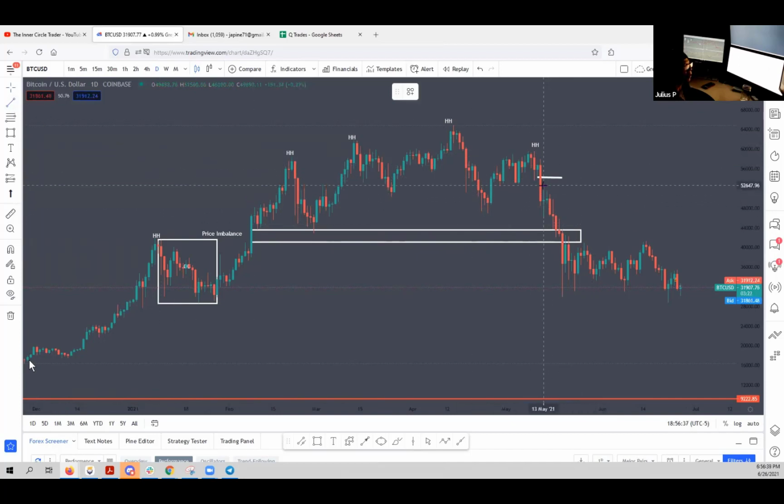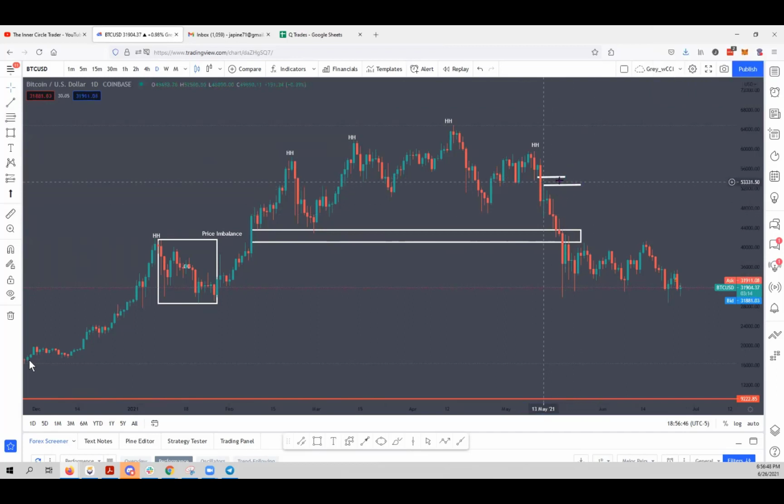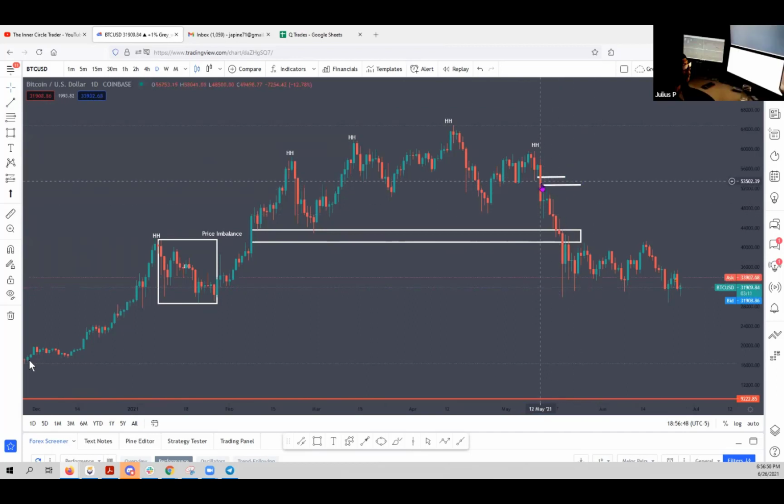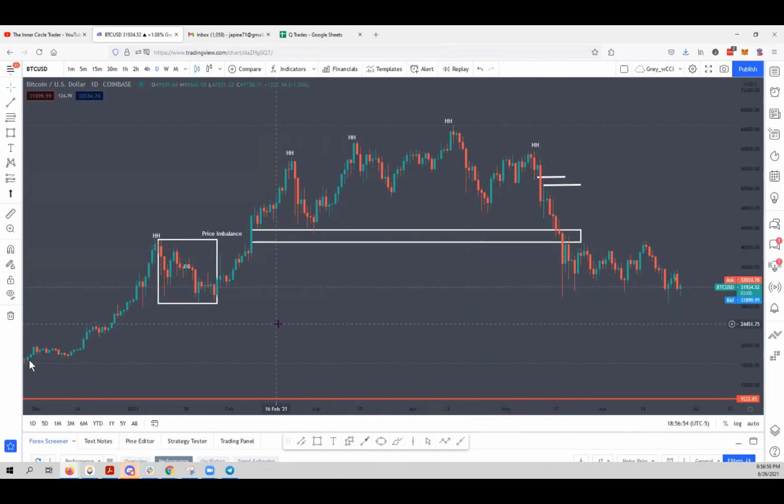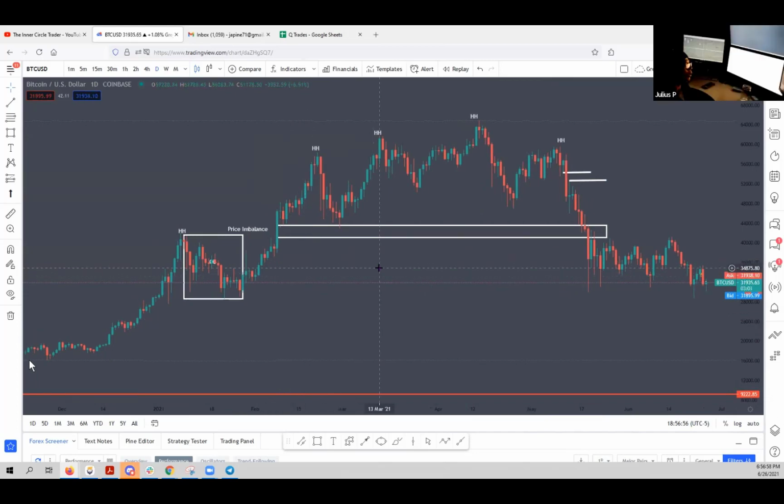I don't want to be dropping time zones. Look, right there. You see that? Price imbalance, all sells in between. Make sense? You need 3 candles, and then you could look into it.